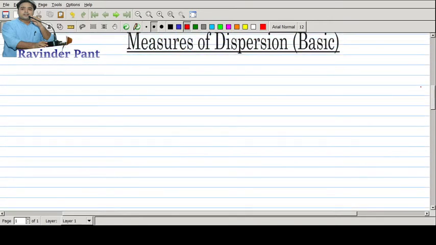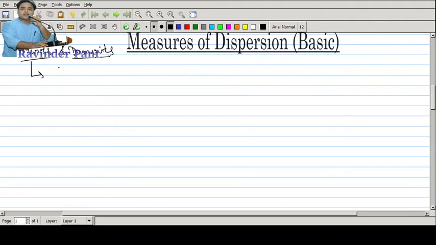So let us talk about the merits and demerits of this quartile deviation. Let us first talk about the merits.